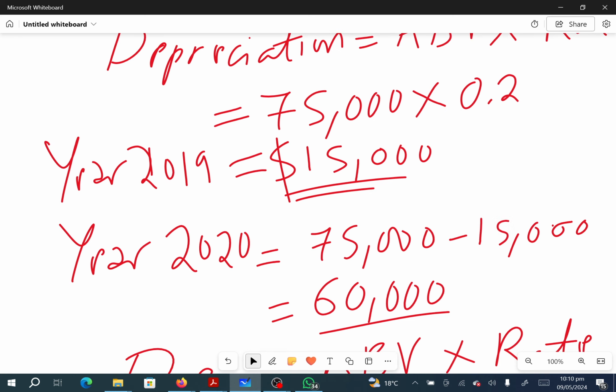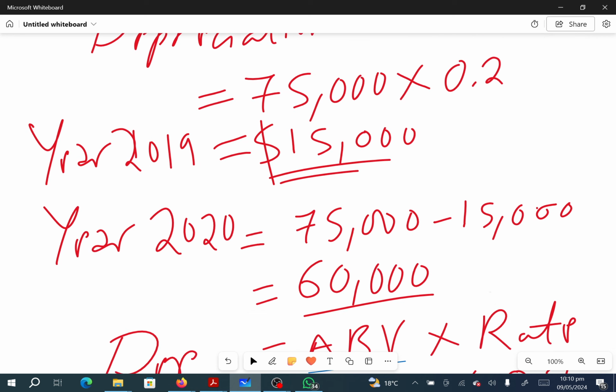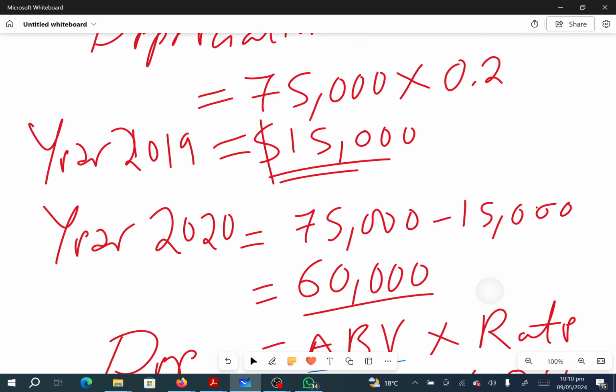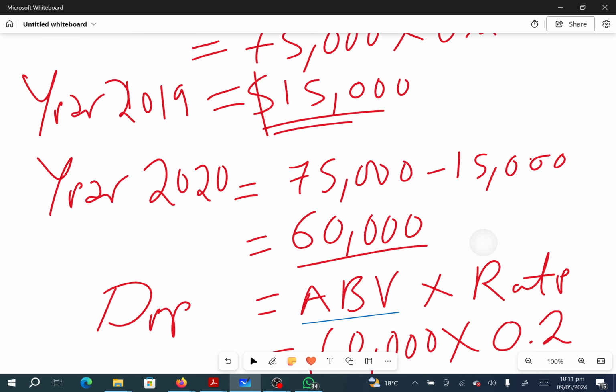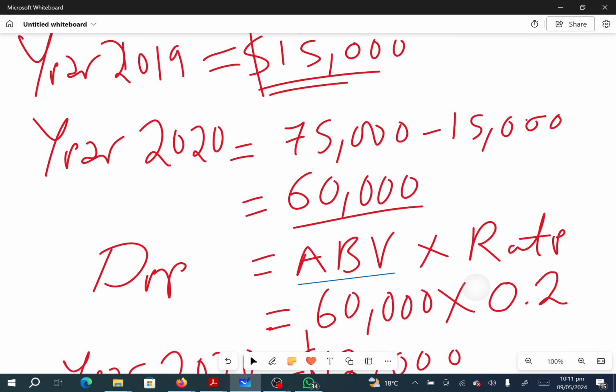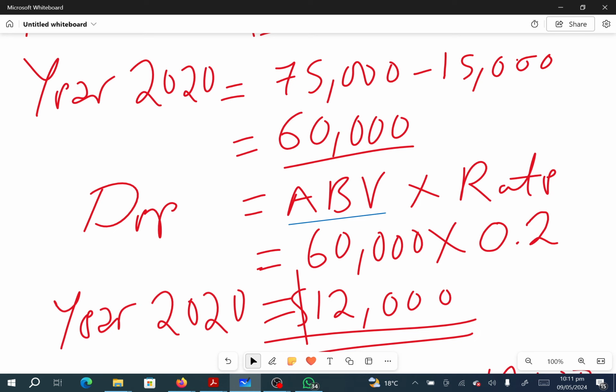Then we get the book value minus the depreciation for that year, which gives us the book value carried forward, 60,000, multiplied by the rate.